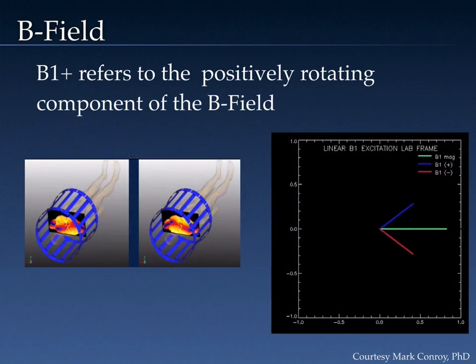And here's just another illustration similar to what you saw in the previous video, where the B1 field, indicated by the green line in this diagram, can be decomposed into two circularly polarized or rotating components or vectors. And again, only that positive rotating component interacts with the protons, and that is what we're referring to with the term B1+rms.